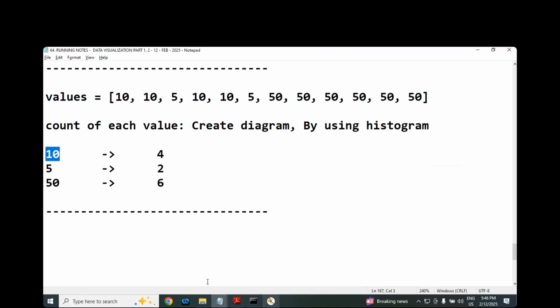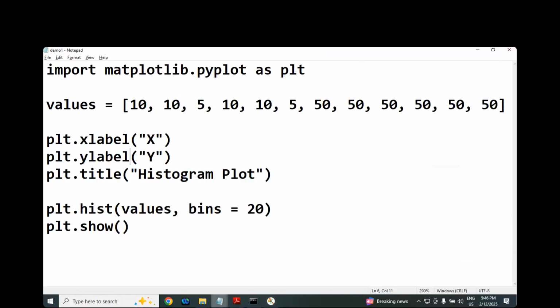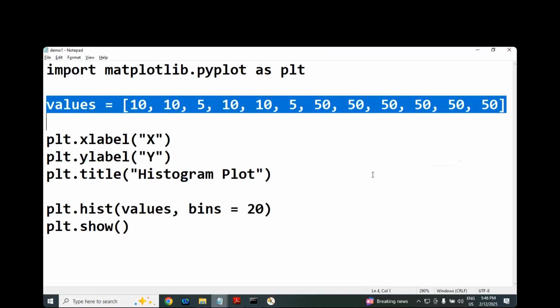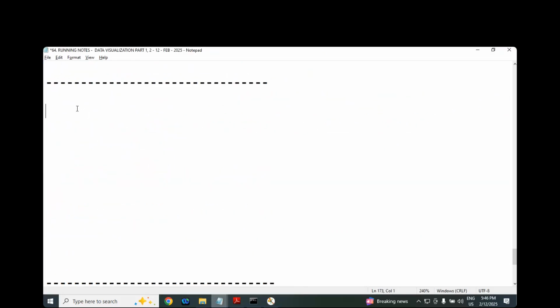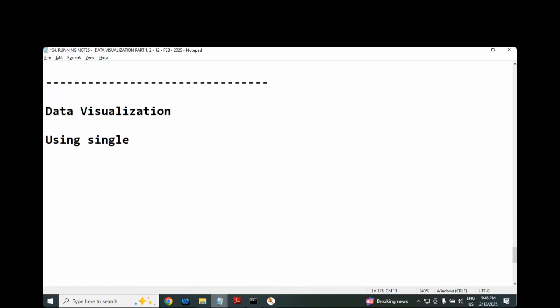One more point. To create this diagram, I'm using only a single column of data, a single variable. Whenever you are working with data visualization and using a single column to create a diagram, this is called univariate analysis. Uni in the sense of single column.